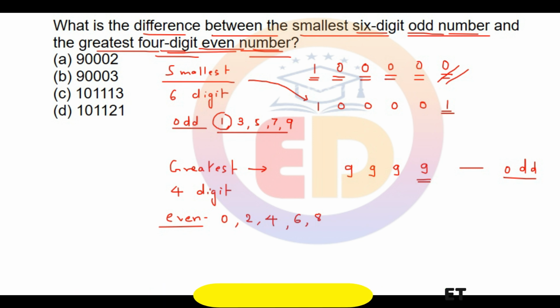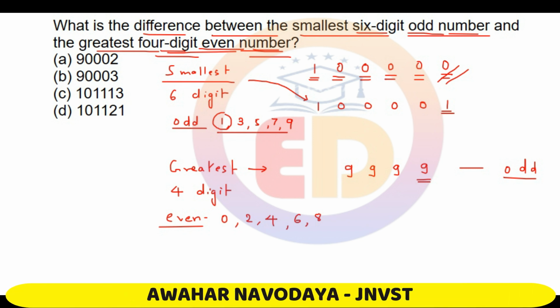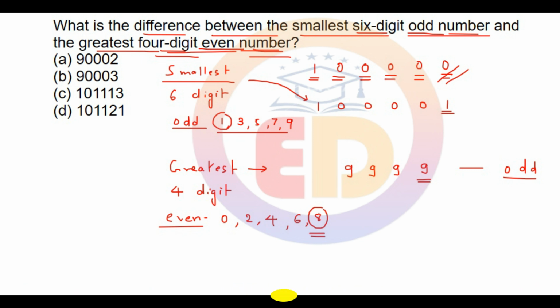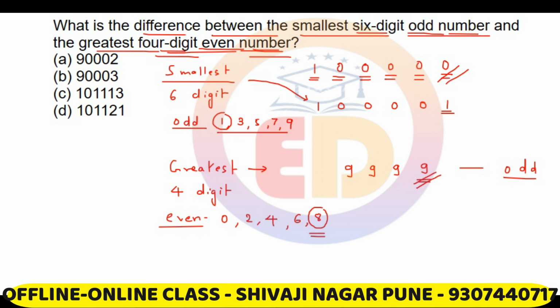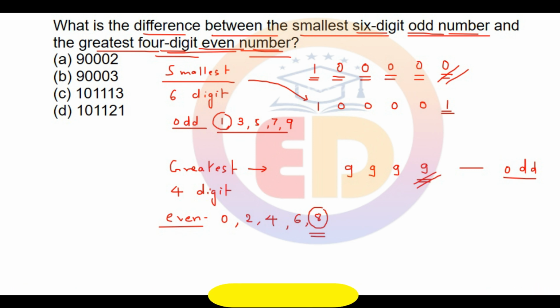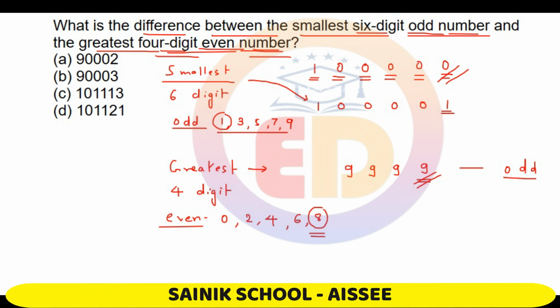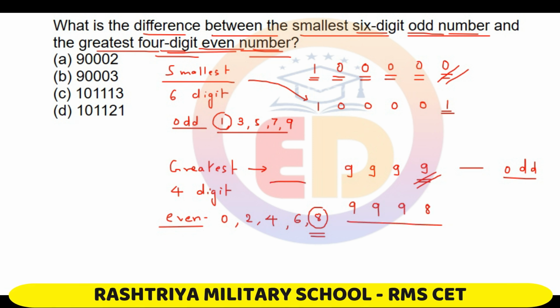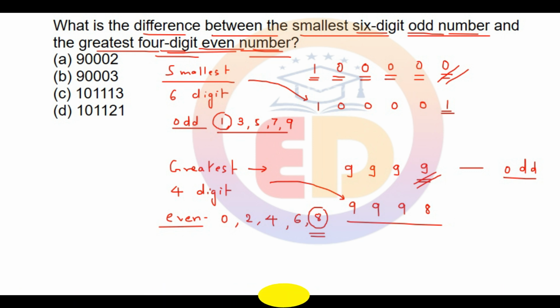So to make it, I have to take the greatest value among these digits, which is 8. So at the end, in the units digit, I have to place 8. So my number will become 9998. This is my greatest 4-digit even number.